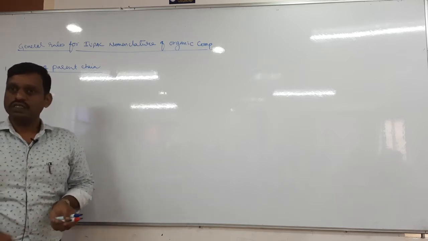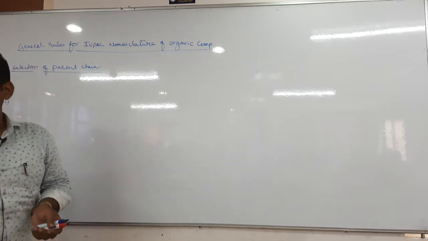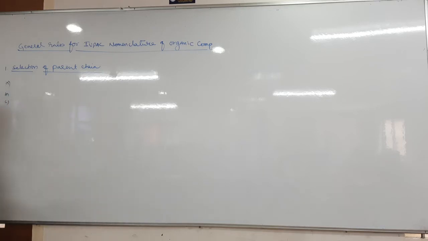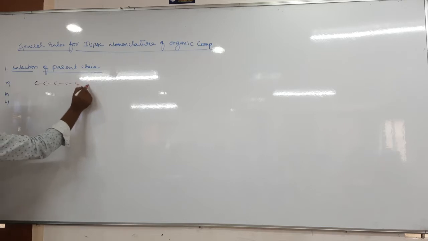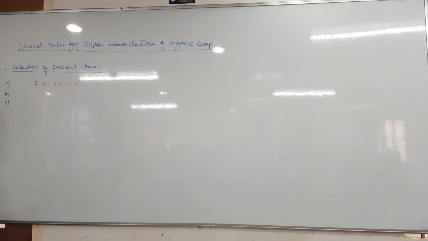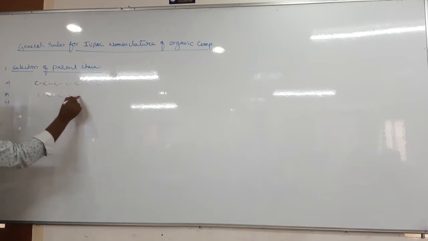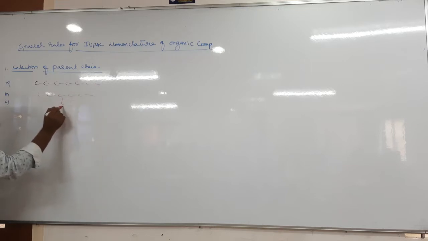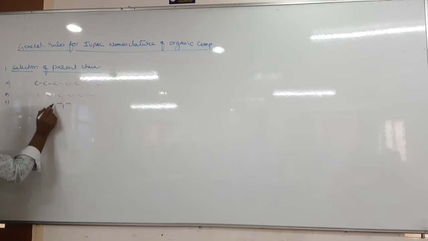First, we need to select the parent chain in such a way that it has the longest possible carbon chain. That means select the chain having the maximum number of carbon atoms. Second, if there are substituents, select the parent chain having the maximum number of substituents.